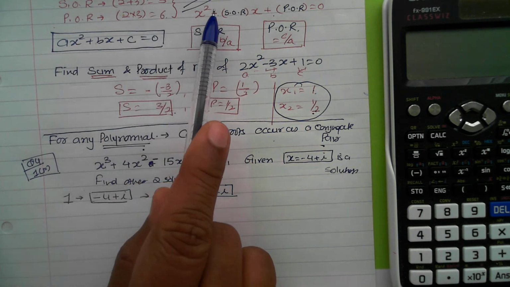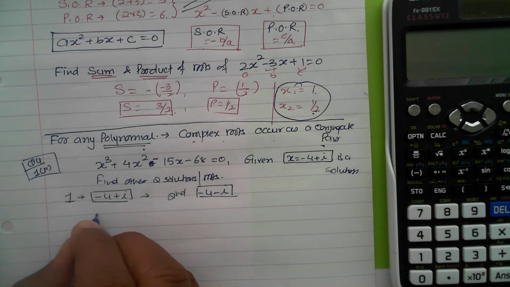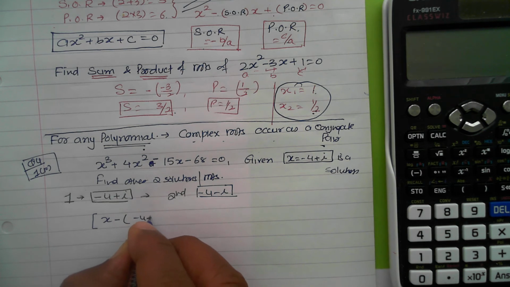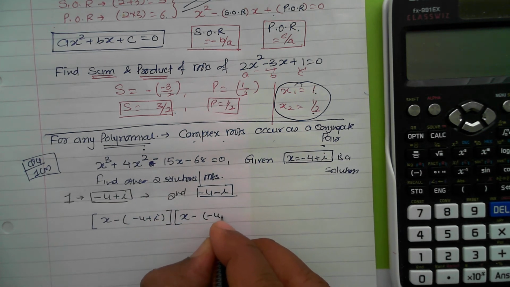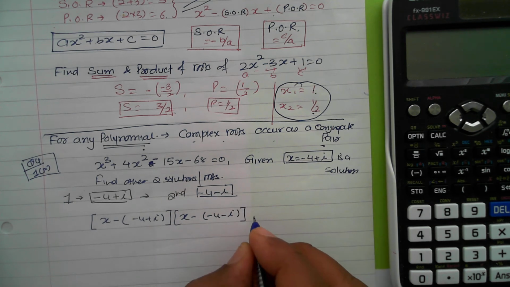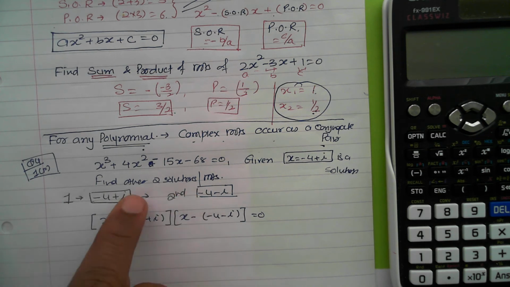Okay, x squared, sum of roots and product of roots. Okay guys, this will be x minus 4 plus i as one factor, and x minus 4 minus i as the other factor equals 0. So this should be the quadratic equation which has these two roots.